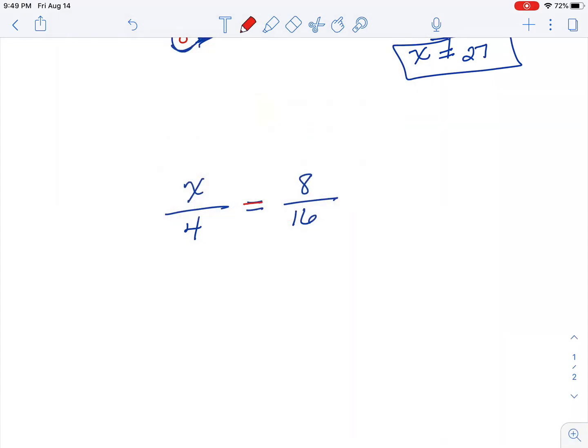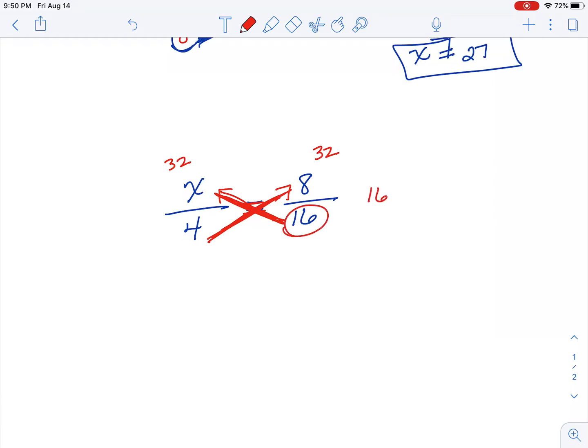We know if it's got that equal sign, that when I multiply across this way and when I multiply across this way, I have to get the same thing. So take the two we do know. 4 times 8, 32. So when I multiply across this way, I've also got to get 32.